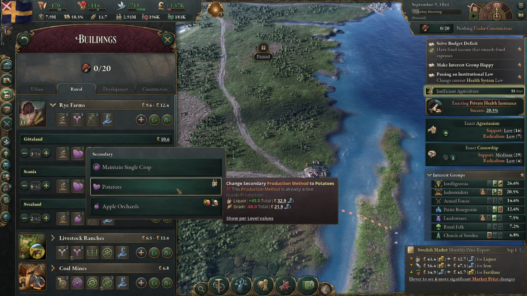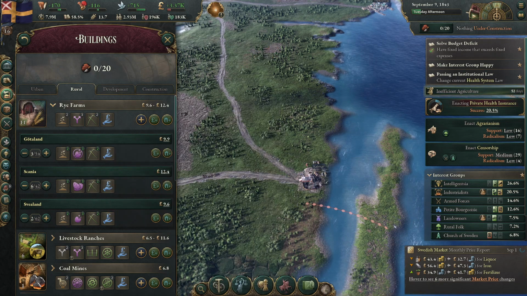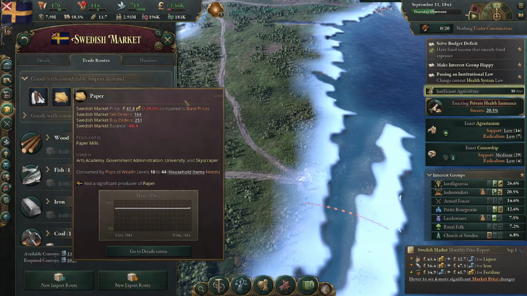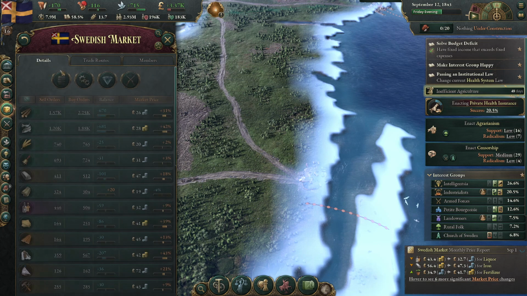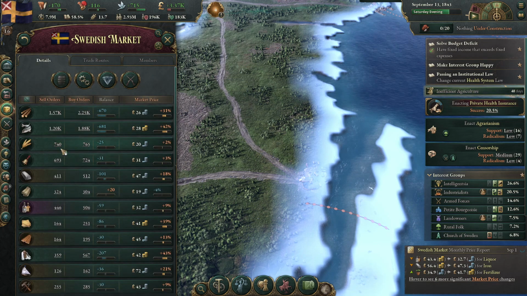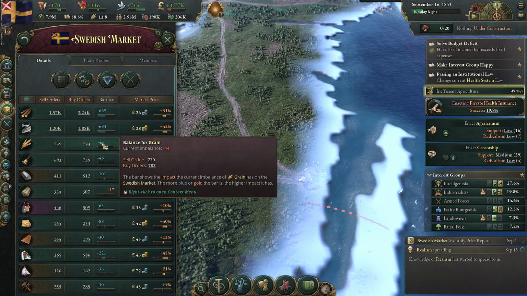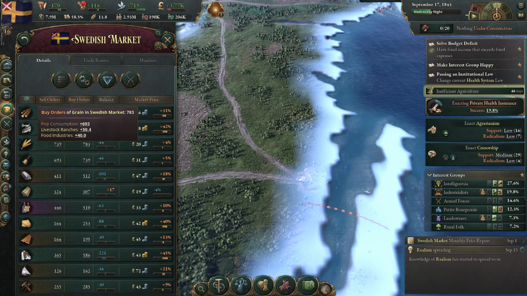Oops. I wonder if that's going to reduce the cost of grain, or whether we need to build another market. Let me just see details. Grain. So the grain is actually stabilizing a little bit now, and we're making some money.